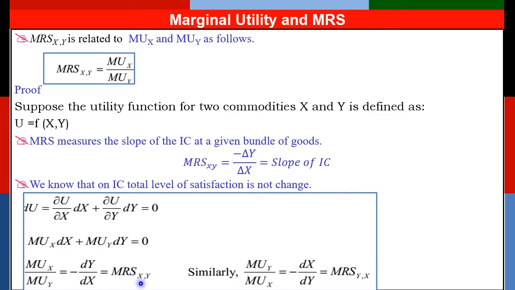Again, this is equal to the marginal rate of substitution of x for y. Similarly, the marginal utility of y over the marginal utility of x, which is the negative of the change in x over the change in y, is equal to the marginal rate of substitution of y for x. This is how we can prove the above formula, the relationship between the marginal rate of substitution and the marginal utility of two products.